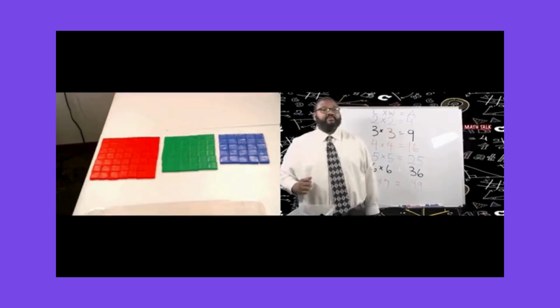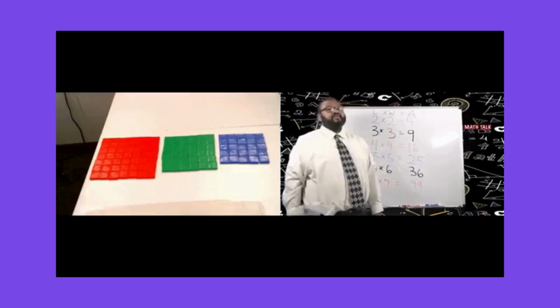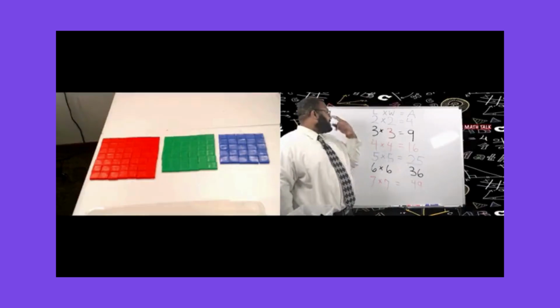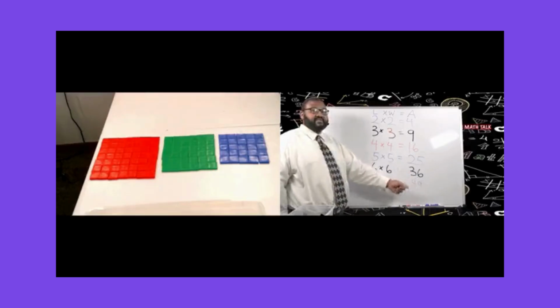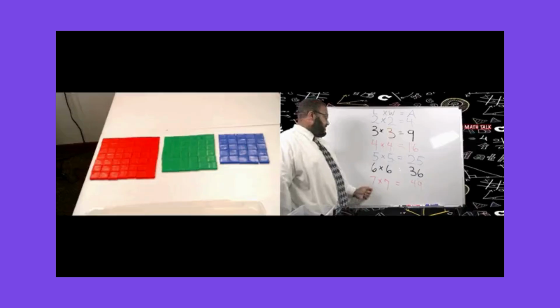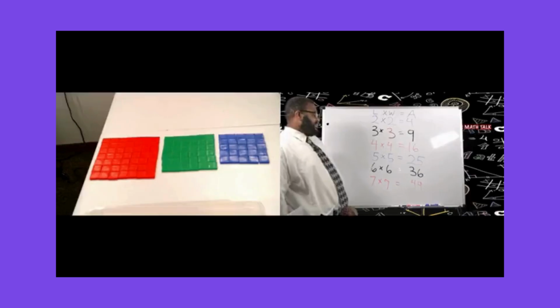So this is what we just built. Wow. All right. So now we have blue 5 times 5, which is 25. We have the next one, the green, which is 6 times 6, which is 36. And now we have our 7. 7 times 7 equals 49.